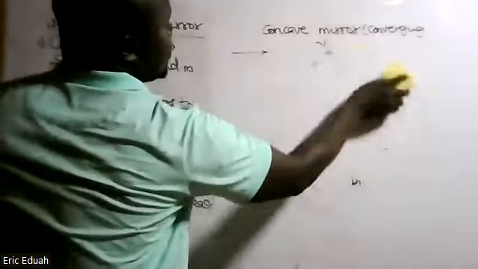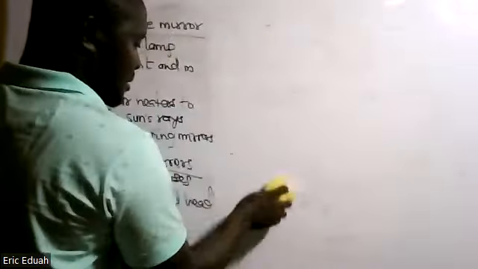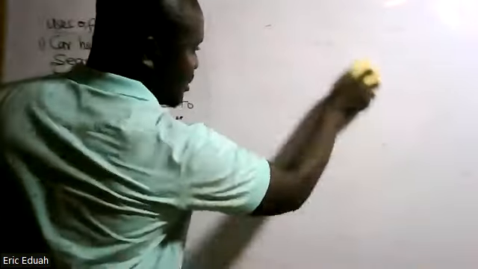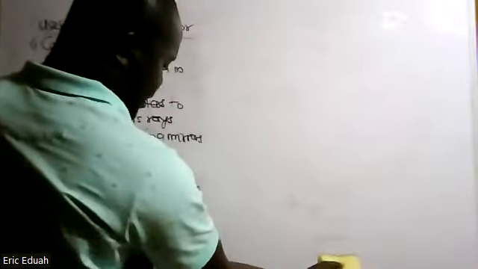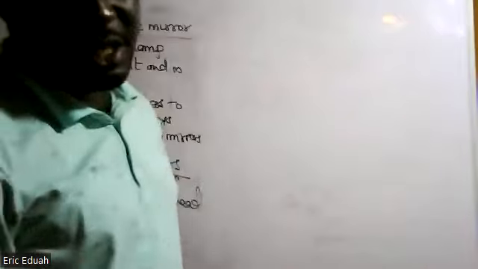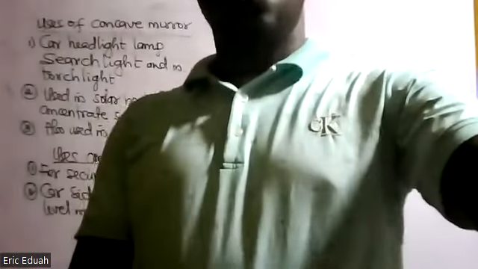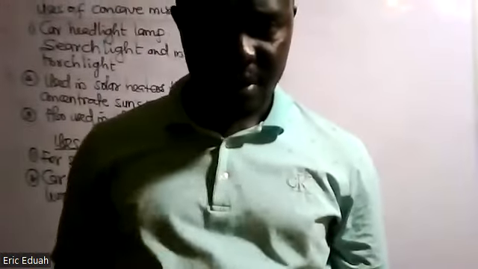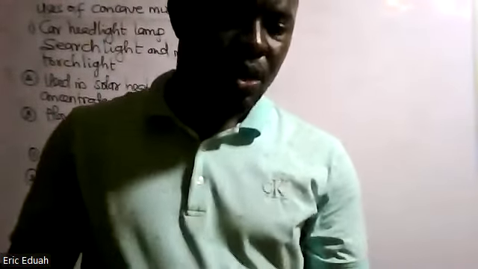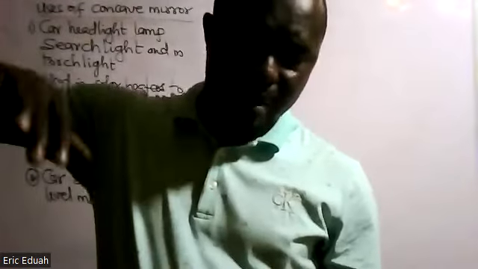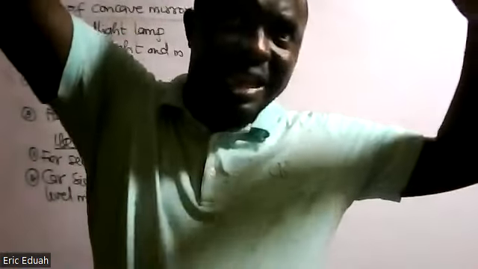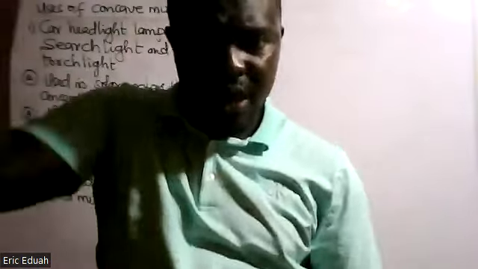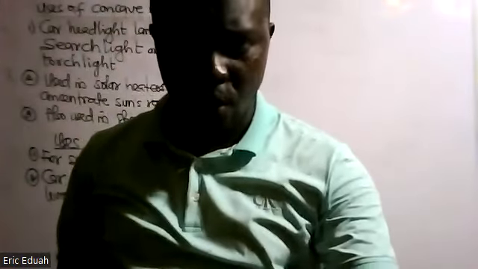Please, how is convex used in security? You see, the security aspect is that when you visit some shops, supermarkets that do not use CCTV cameras, you often see mirrors mounted at the upper end of the corners of the supermarket hall.